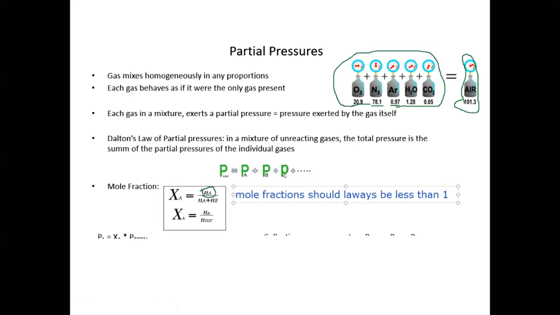Also, we can determine the partial pressure of a gas if we know the mole fraction of that component in the mixture, and we know the total pressure of the mixture.